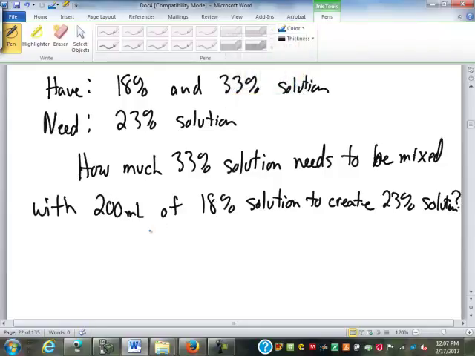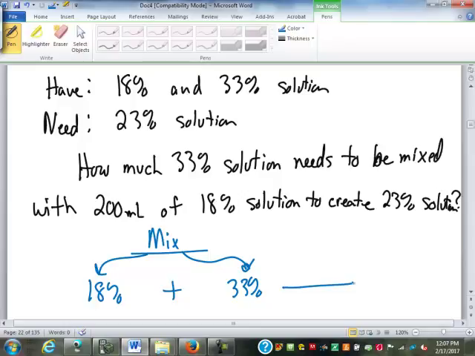So again here we have to look at what we're mixing. What are those two ingredients that we are mixing? We are mixing 18% and 33% solutions. And we're going to combine them in an effort to create what we desire to make, the 23%.